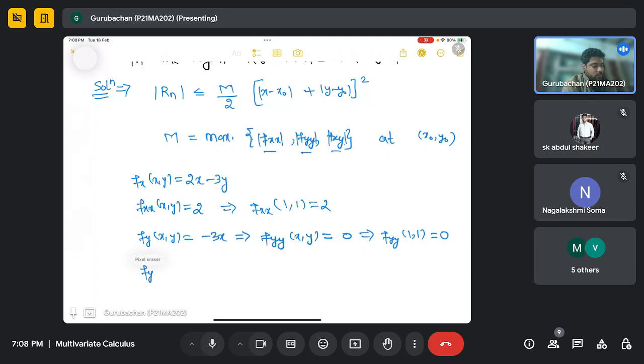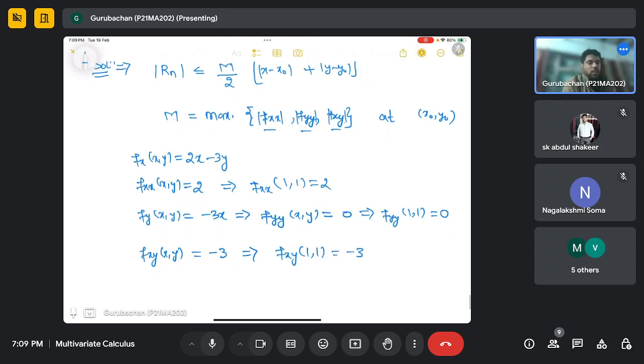Now what is the value of fxy? This is nothing but minus 3. That means fxy at (1, 1) is minus 3, and here the modulus will play a role, as we need to compute the maximum value over each of the moduli. That means 2, 0, and minus 3 gives us 3.